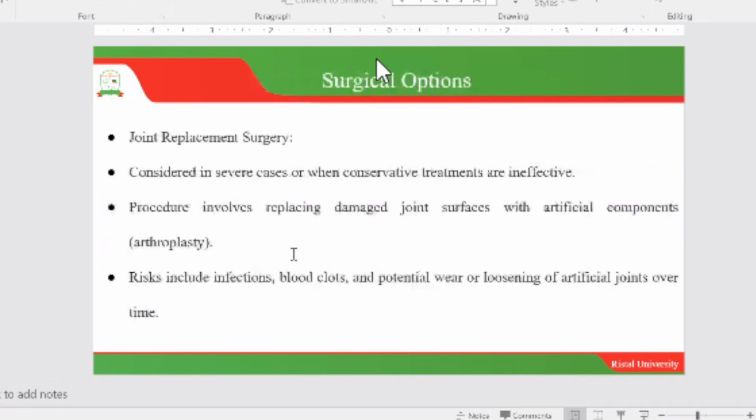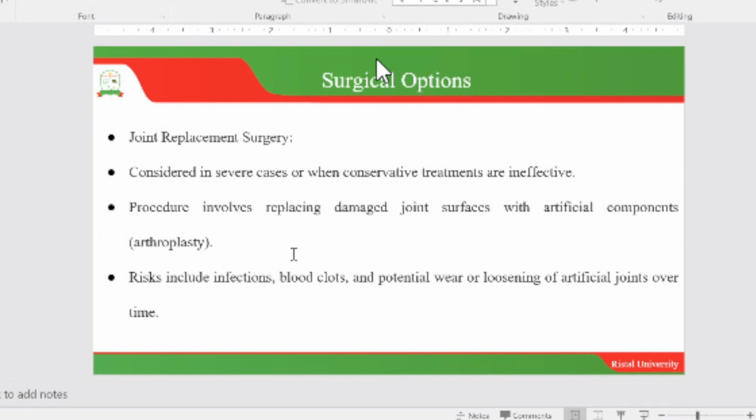All right. For surgical options, like I told you, there is joint replacement surgery when the inflammation has gone beyond, and this is considered in severe cases when conservative treatments are ineffective. The procedure involves replacing the damaged joint surfaces with artificial components, what we could call arthroplasty.